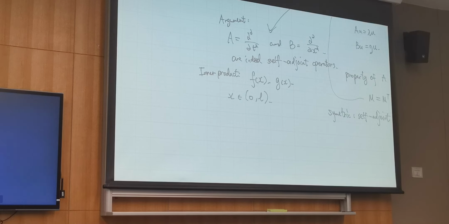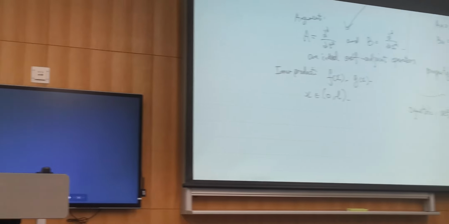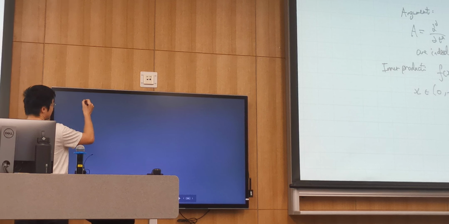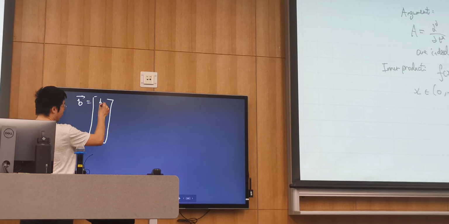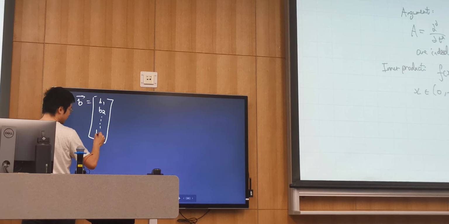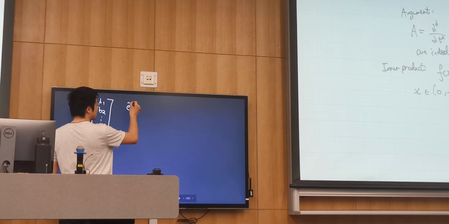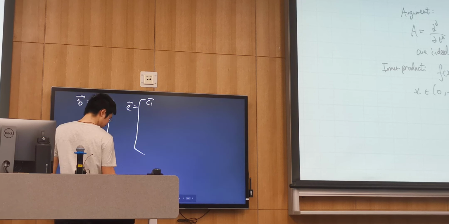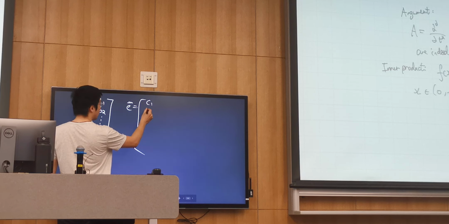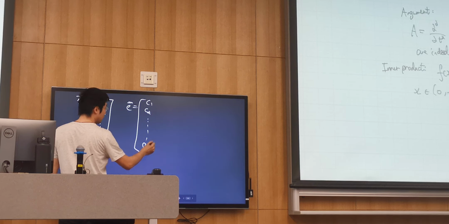You see, again, how did I define the inner product of two vectors, right? Let's say I have my B, which equals B1, B2, and until Bn, right? And I have my C that equals C1, C2, and until Cn.